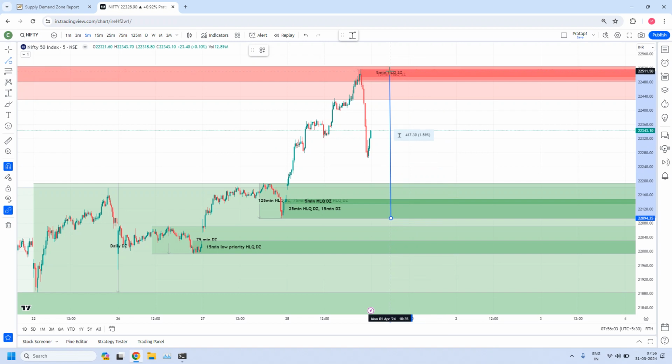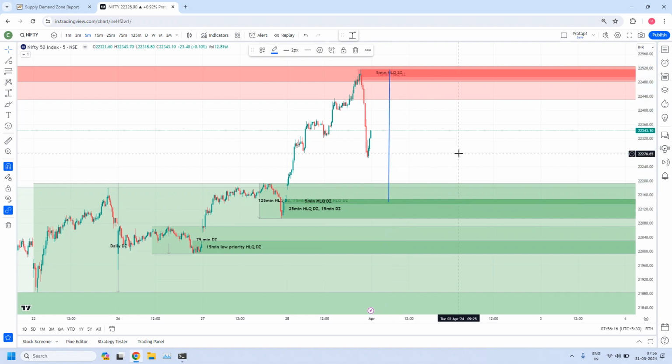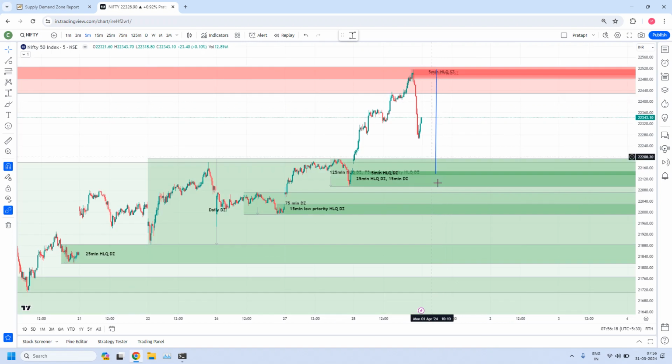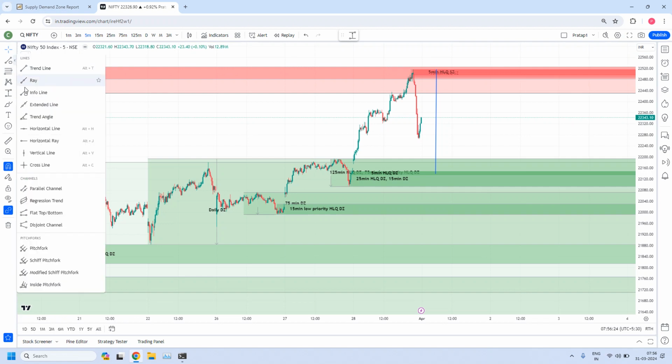Let me keep it up to 5 minutes zones only. This is the first range. Second range is between daily zone to daily zone. Let me draw. The daily supply zone to daily demand zone. I am drawing the next ranges.